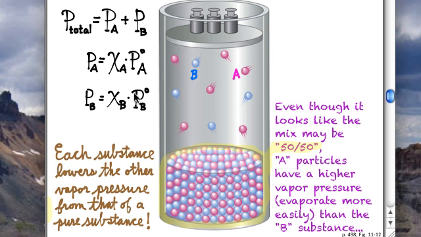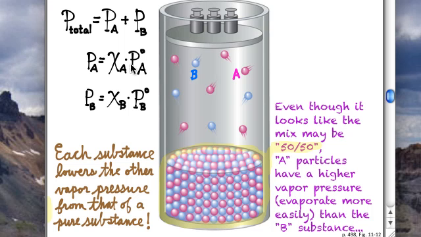Let's see. Pink A, 1, 2, 3, 4, 5, 6 A's and 4 B's. So yeah, indeed, it looks like A evaporates a little bit more easily than B. But on the other hand, B occludes A and A occludes B. And so here at the surface where the liquid-gas equilibrium is established, I'll have still more A and less B, but they're in a way getting in the way of each other's evaporation.